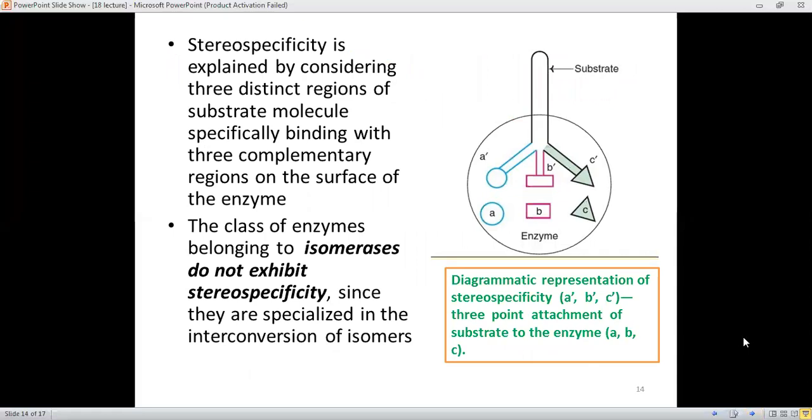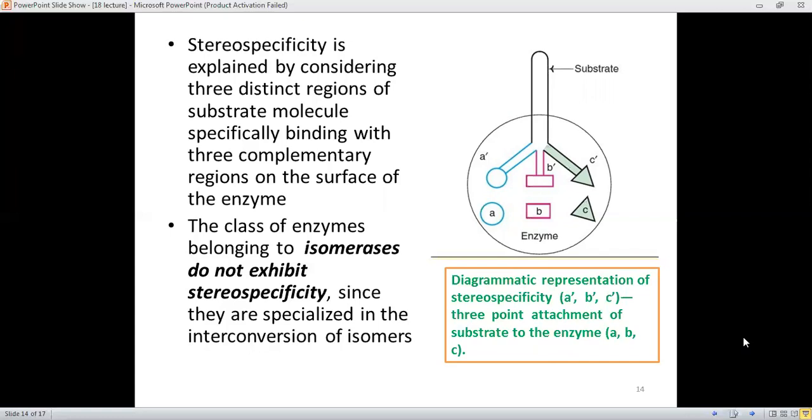Stereospecificity is explained by considering three distinct regions of the substrate molecule, specifically binding with three complementary regions on the surface of the enzyme. Like in the diagram, the stereospecificity is represented as A', B', C'.